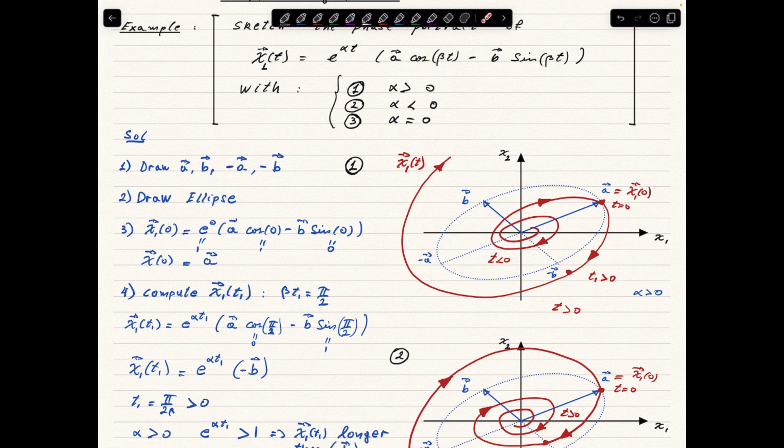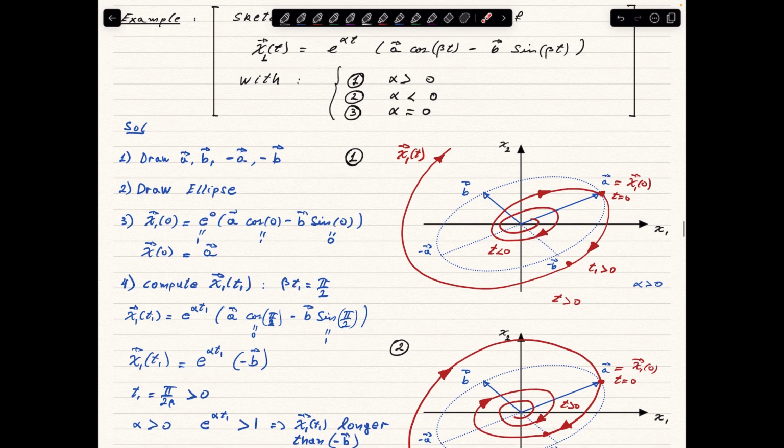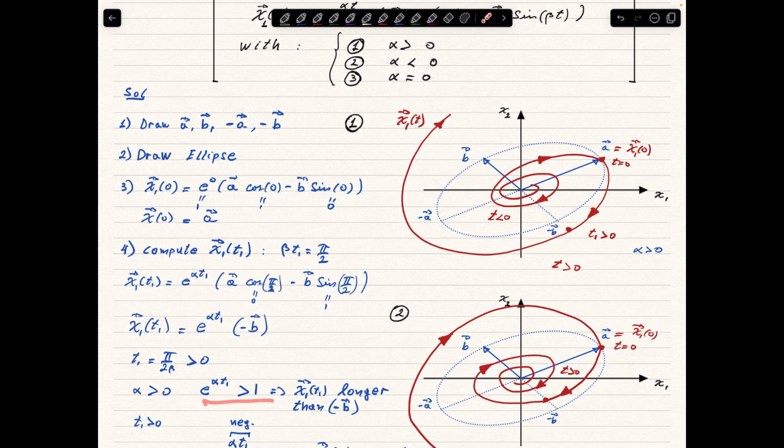Then we end up with a vector that is proportional to the vector negative b. So this point moves toward this point. When alpha is positive, this factor is bigger than 1, so the solution vector is longer than the vector negative b. I put it here just to do the picture. So the solution has to go from here to here.